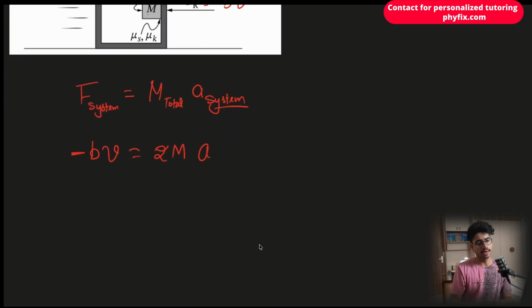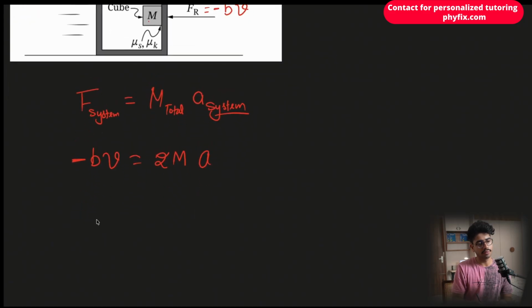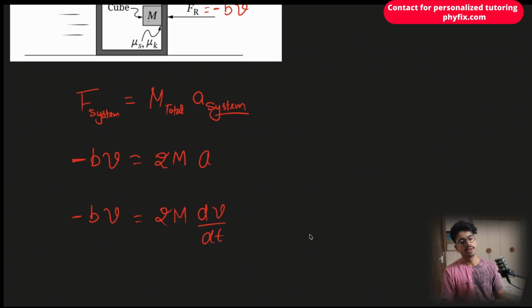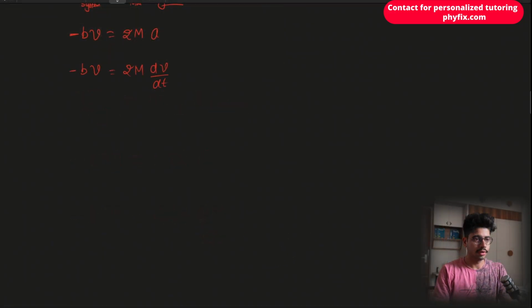Because of that, what I can do is write minus bv equal to 2m times the acceleration, which can be written as dv by dt, because as time is passing, the velocity expression is changing. Okay, so now let's do the rearrangement.